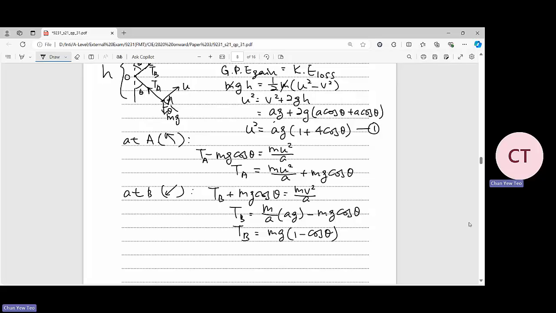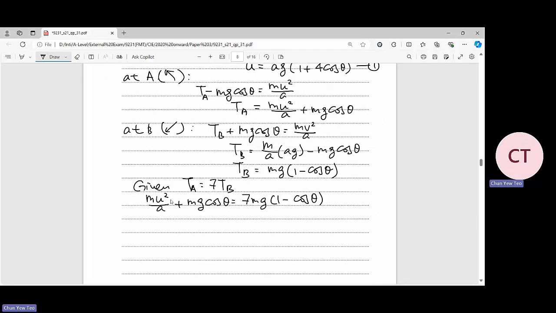Okay, so now given TA is 7 TB, that means we are having mu square over A plus the mg cos theta is equal to 7 mg times 1 minus cos theta. Okay, so we cancel the m.